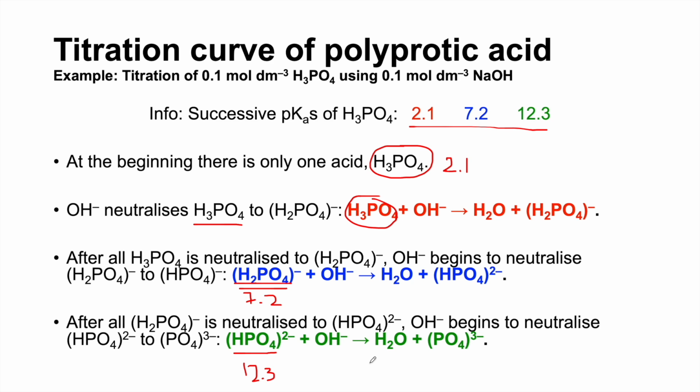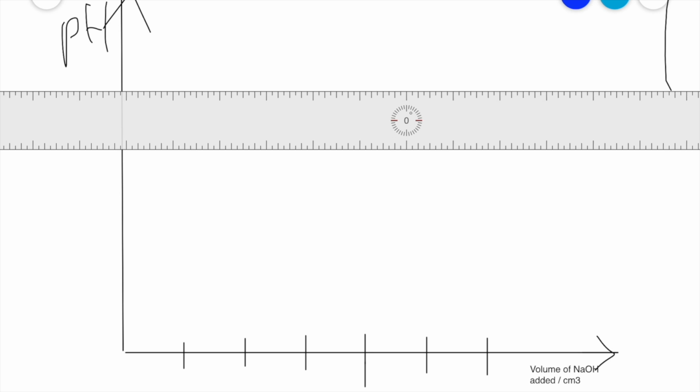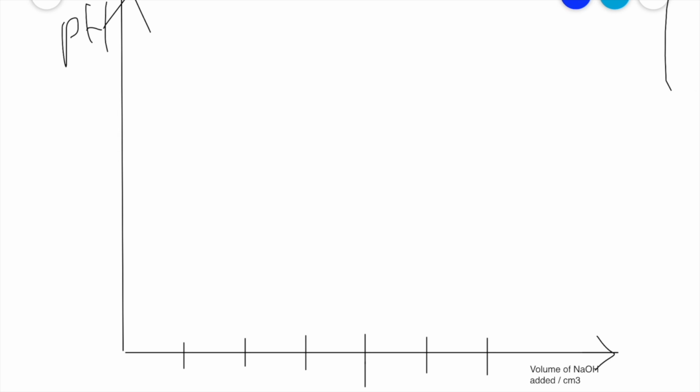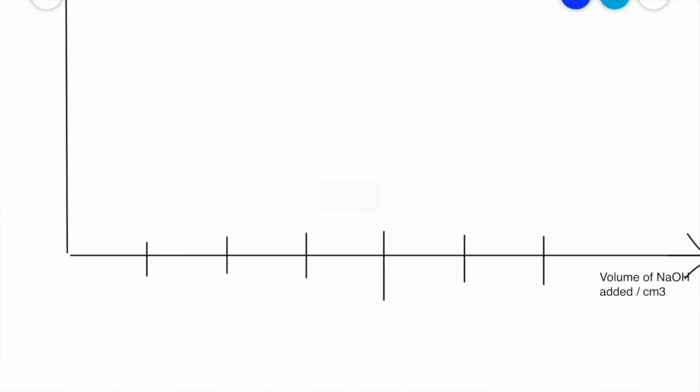Let's begin sketching the graph. Over here I have already put out the standard pH and NaOH against the amount of alkali added. Now I'll just label the volumes: 5, 10, 15, 20, 25, and 30.